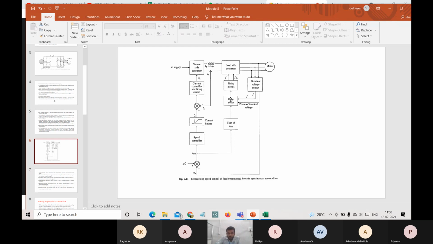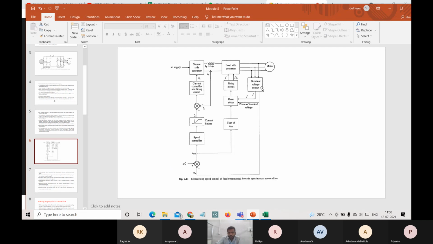One thing you need to remember: one or two questions might come compulsorily from the closed loop speed control strategies, so don't get confused with this. We have studied three to four speed control strategies for the induction motor, in our different VSI and CSI. Similarly, here we have one speed control loop for the load commutated thyristor inverter synchronous motor drive.